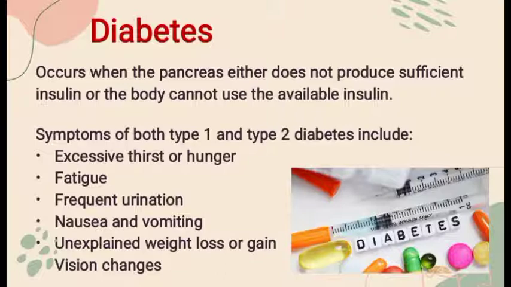The symptoms of both type 1 and type 2 diabetes include excessive thirst or hunger, fatigue, frequent urination, nausea, and vomiting. Also, an unexplained weight loss or gain. And the last one is vision changes.